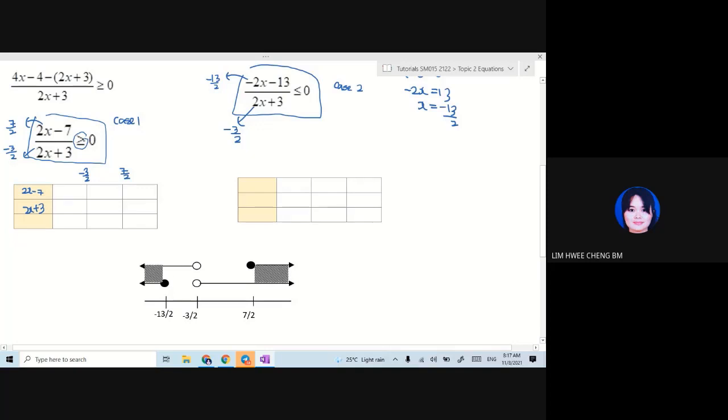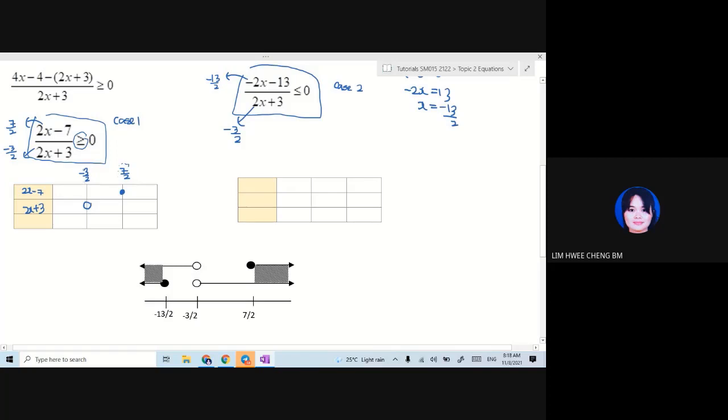We only allow the numerator to have the dense circle, and the denominator is always an empty circle. So 2x minus 7 should be with 7 over 2, and 2x plus 3 should be with the zero negative 3 over 2. Don't put the locations wrongly.